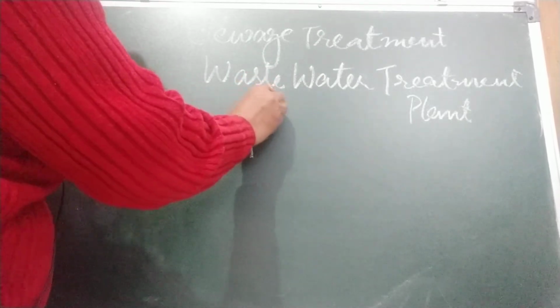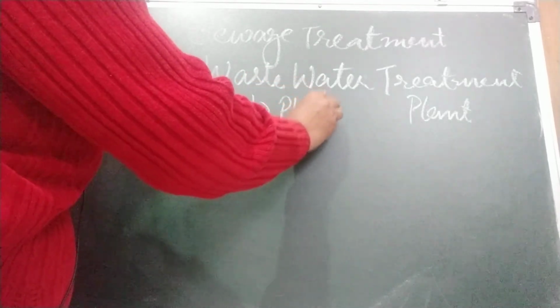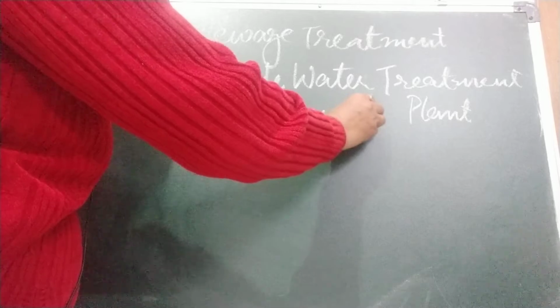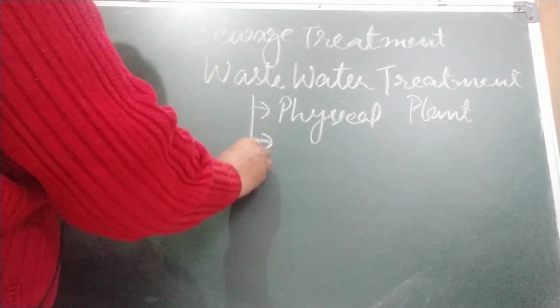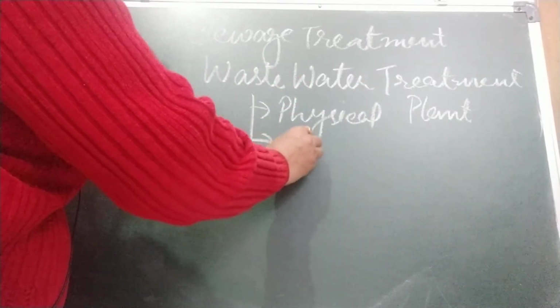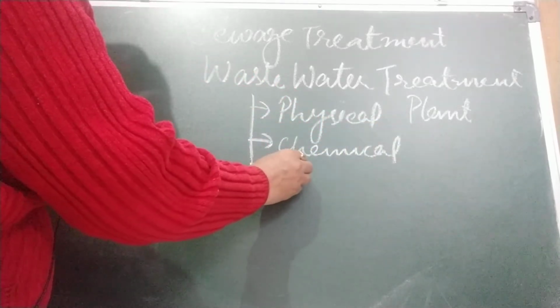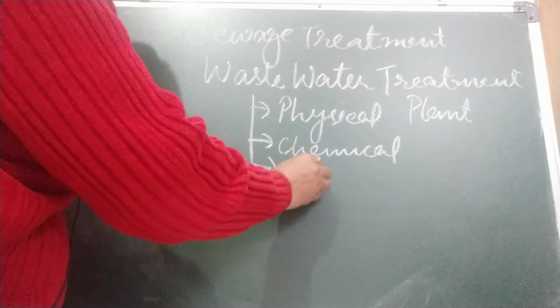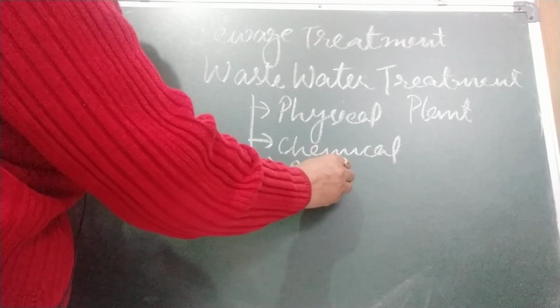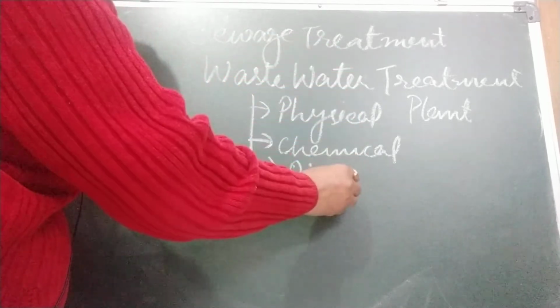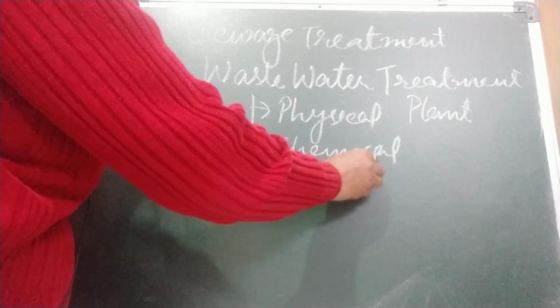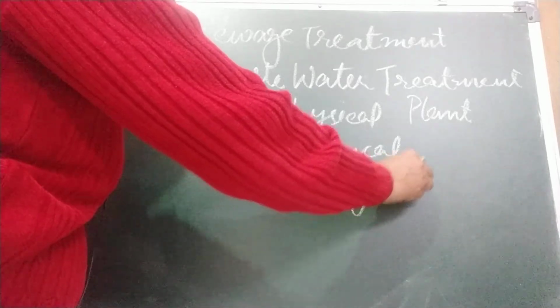Okay, there are three processes. First is the physical process, second is chemical, and third is biological. By these three processes we clean the water in the sewage treatment plant. We are going to discuss them one by one.